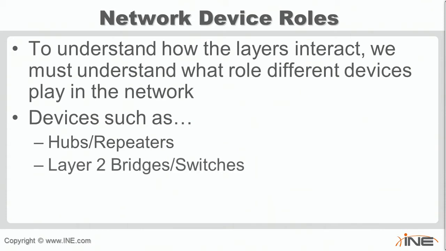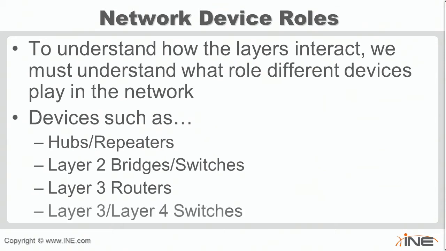This is also traditionally where our layer 2 bridges would sit, which today has been taken over by the role of our layer 2 switches. Also, we have our regular layer 3 routers that would be running like IP routing or IPv6 routing.